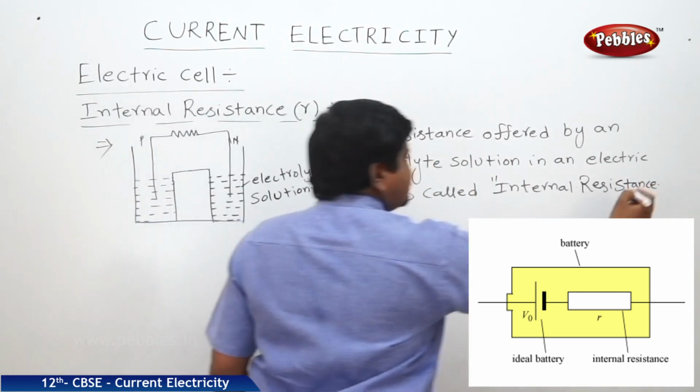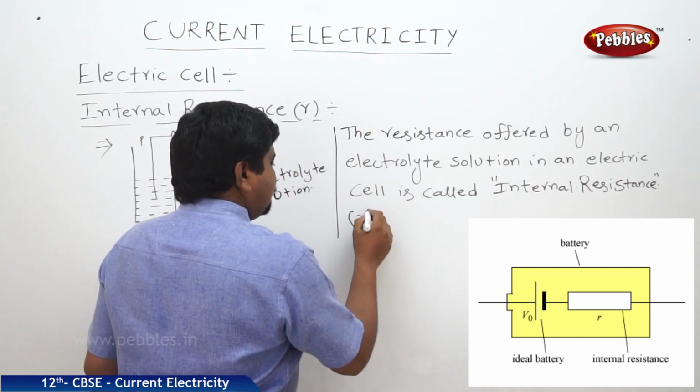The symbol of the internal resistance is small r.